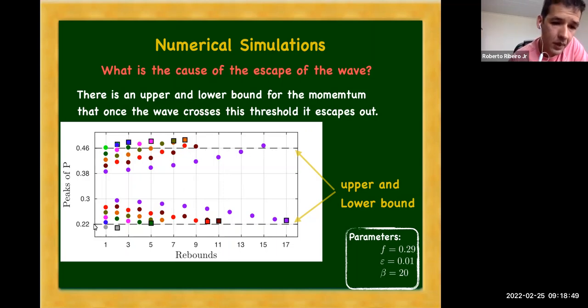More than that, pay attention to this gray wave here. If we choose initially a wave whose momentum is below this lower bound, we see that this wave just passes over the bump without oscillating.